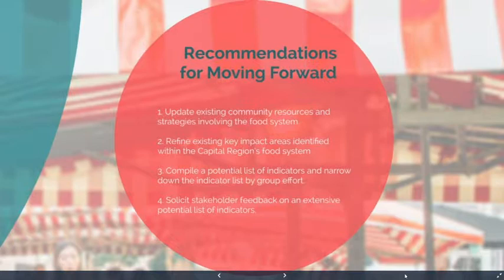I'm referring to 2 specific resources here: the Food Security Roadmap and the Good Food 2025 Strategy. I'm recommending to update these 2 resources because they're in the talks of being updated anyways, and also because both of them have a number of goals and targets for the food system that have been established over time through research and knowledge.